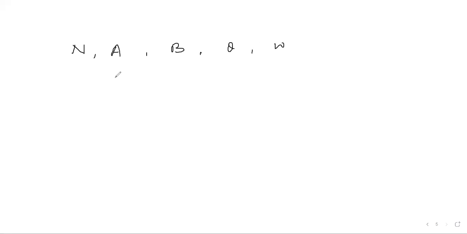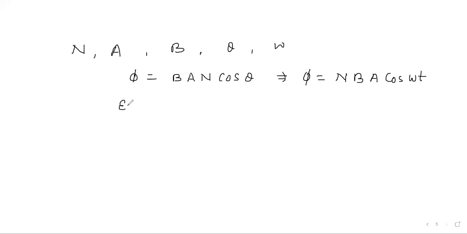So we can write phi equal to B A N times cos theta, where theta is omega t. So phi equals N B A cos omega t.